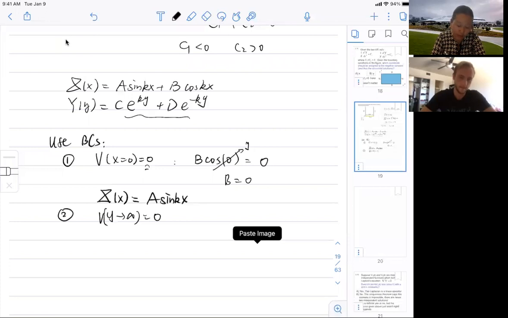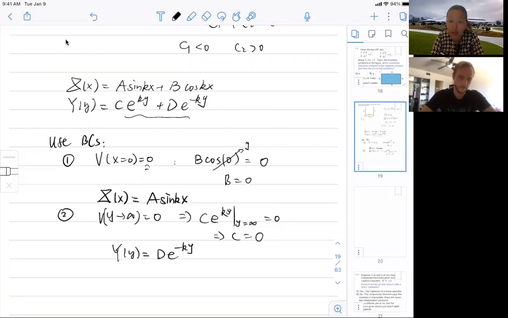So in order for that to be 0, you need C e to the ky at y equals infinity to be 0. E to the ky is not 0, so the only way for that to work is C is 0. You don't even have that term for large y. So the y function simplifies to D e to the negative ky only. So I found another constant.